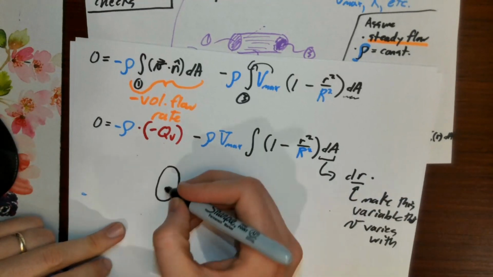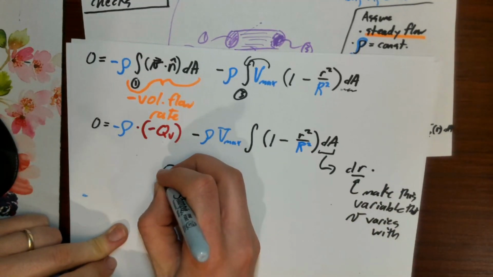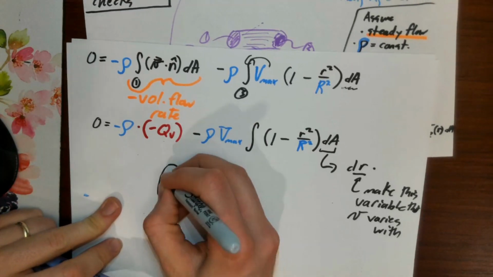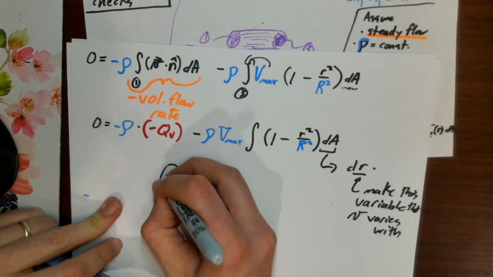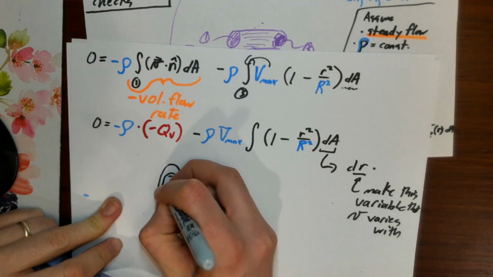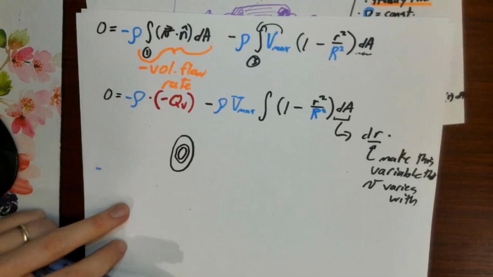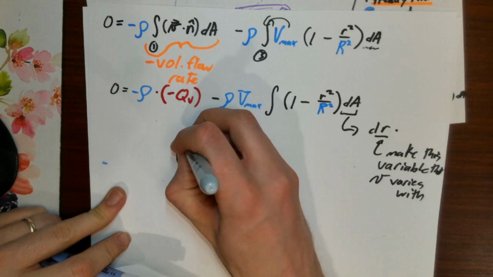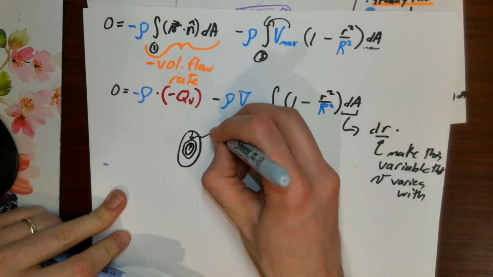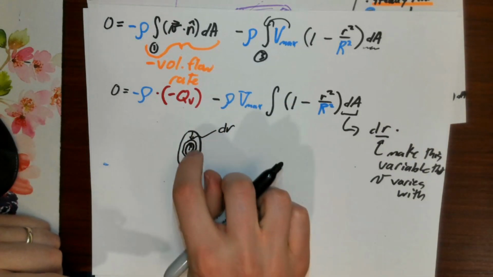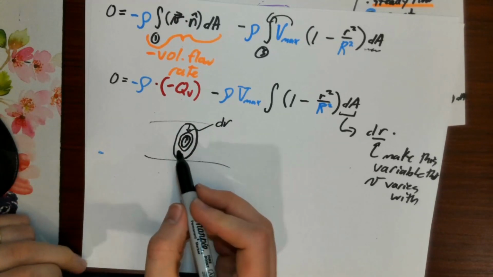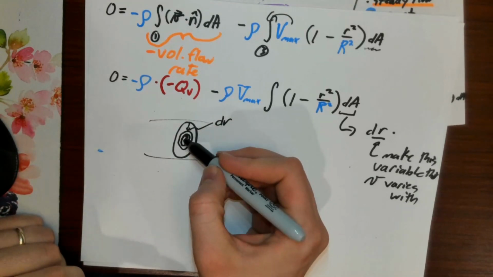So what do I mean by dr? What does dr look like physically? Well, you can imagine if I took this face and broke it up into a whole bunch of little donuts. Each of these donuts could have some thickness dr, right? So, here's my pipe. I basically break up my pipe into a whole bunch of concentric rings.